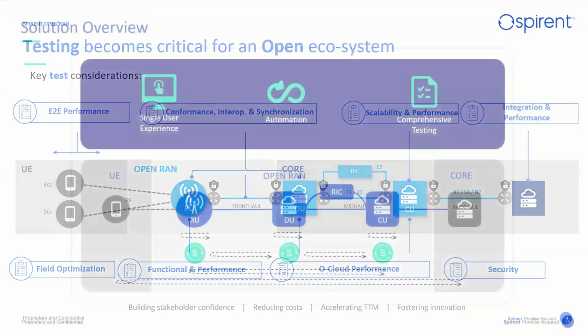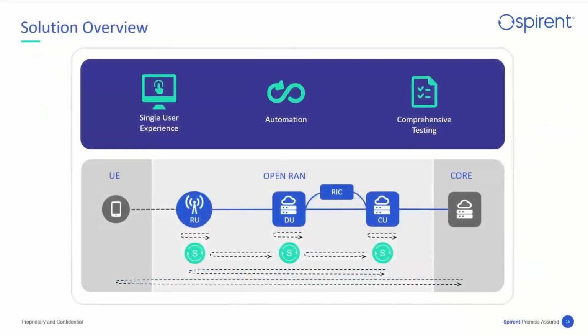In that case, including the DU, everything has to be emulated along with eCPRI support and RF support, both sides. So what Spirent is bringing from a uniqueness perspective, compared to our competition in the market, is a single interface. We talk about emulating a lot of components in the network. For example, if you wanted to test the RU, then the DU, CU, and all the core components like AMF, UPF, and all the 5GC components have to be emulated along with the UE.